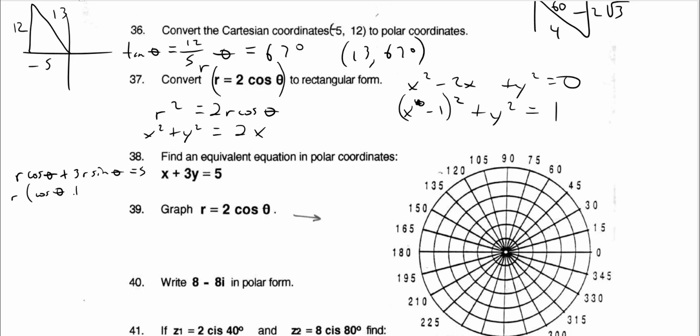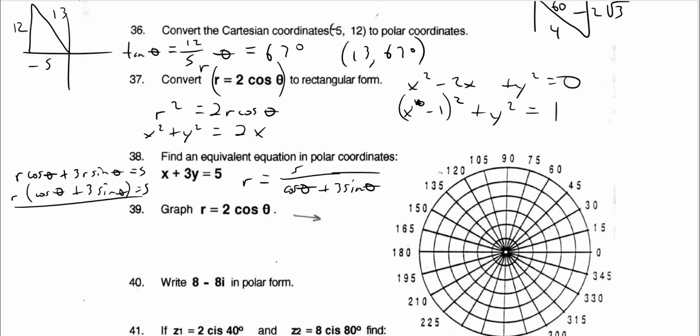Okay, cosine theta plus 3 sine theta equals 5, and then divide both sides by that. So basically you get r is equal to 5 over cosine theta plus 3 sine theta. Okay, and that's kind of a crazy look, but that's what it is. So that's obviously linear.